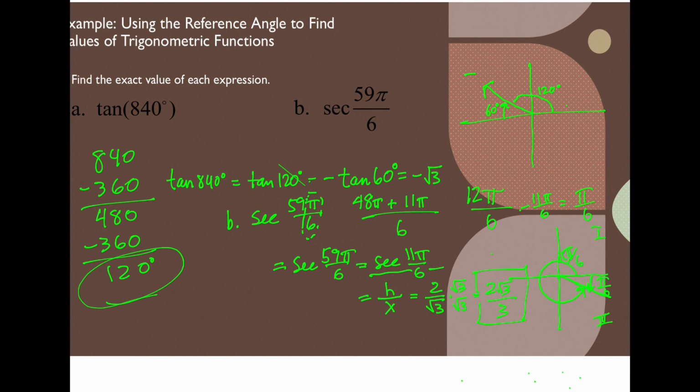In this case, the reference angle was the secant of pi over 6. Same thing, and it's positive, so I can just keep that positive here. So narrow it down to what is between 0 and 360 or 0 and 2 pi. Figure out what the reference angle is. Find the value of that reference angle for the given trigonometric function, and then attach the sign of that particular trigonometric function in that particular quadrant.